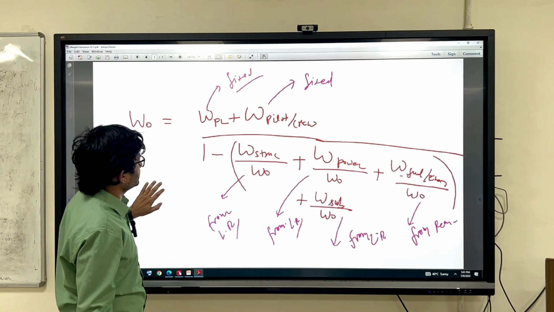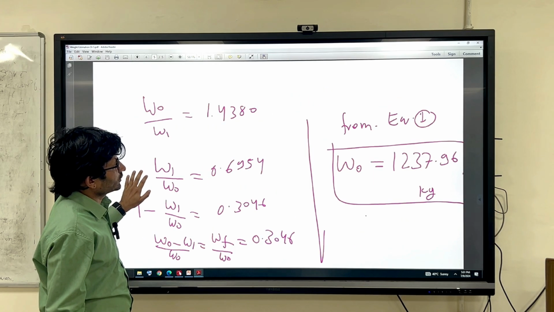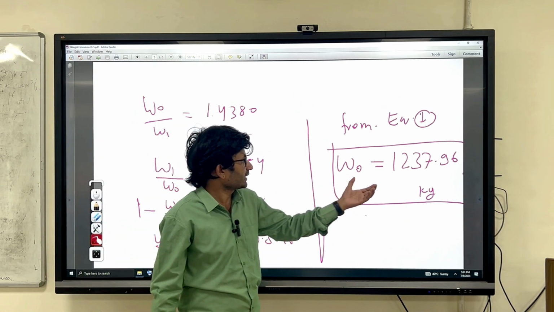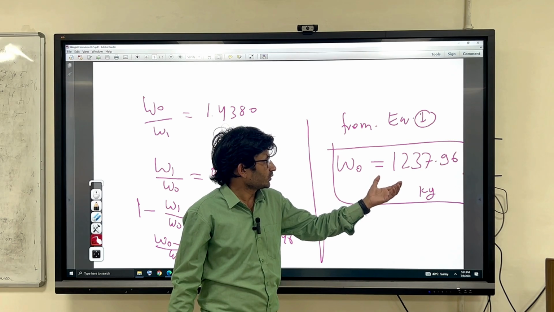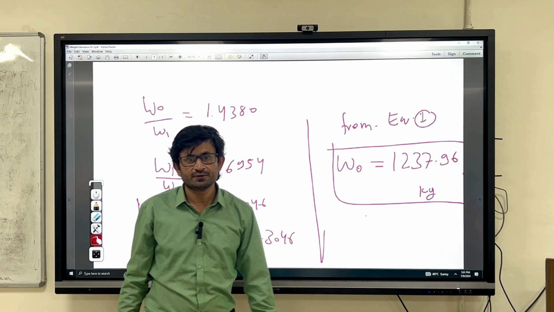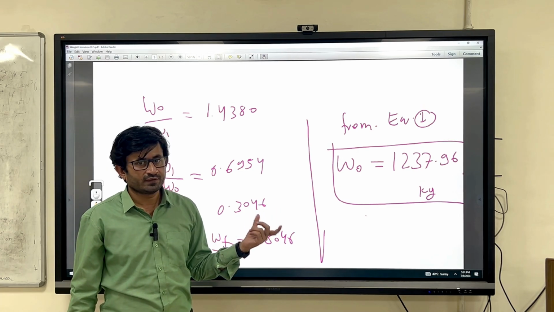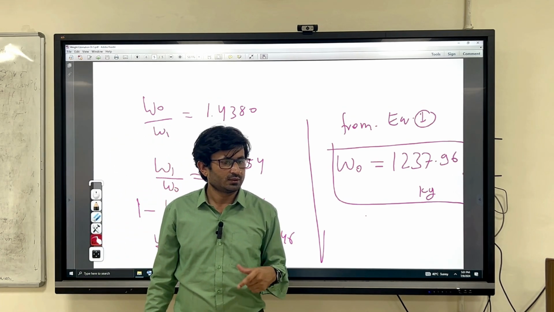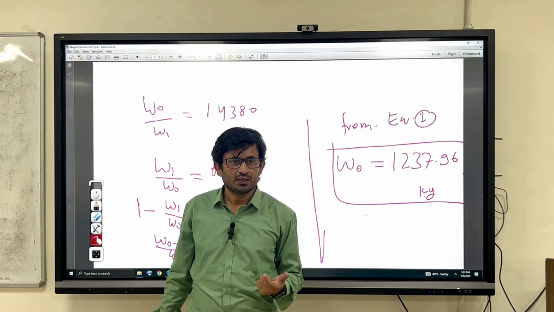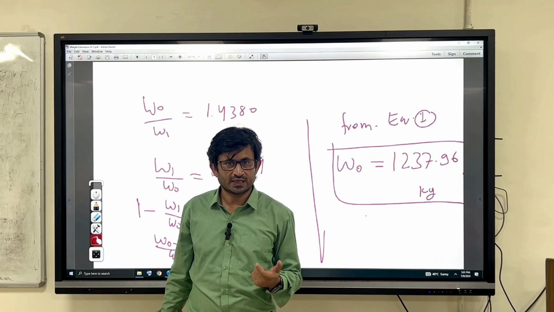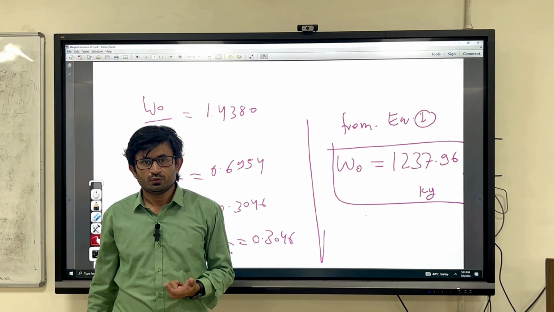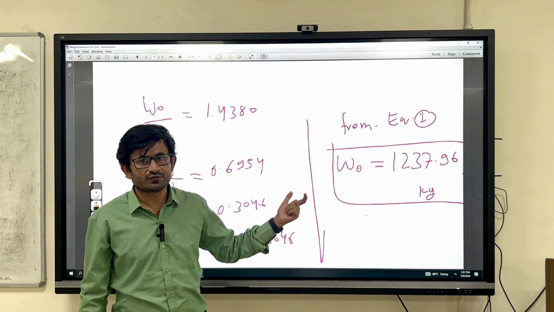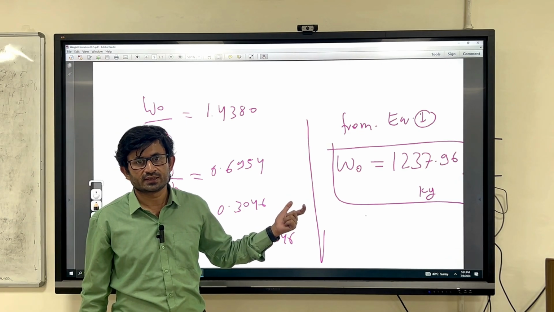If you calculate, you will get the total weight coming around 1238 kg. So this is the total weight, and in the next class we will size the wing in order to lift the weight which we got in today's class. Thank you so much.